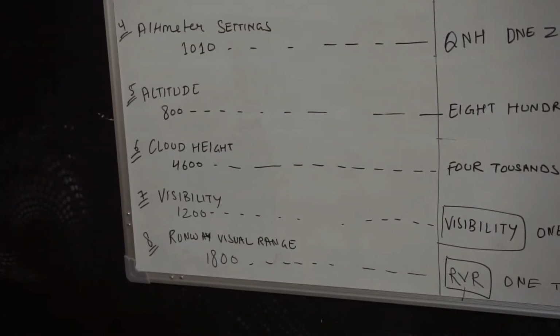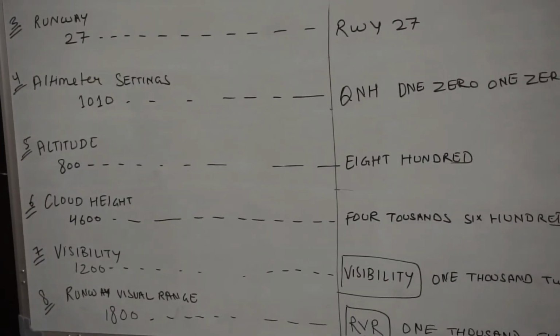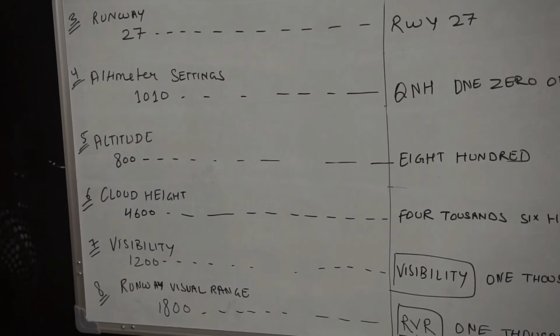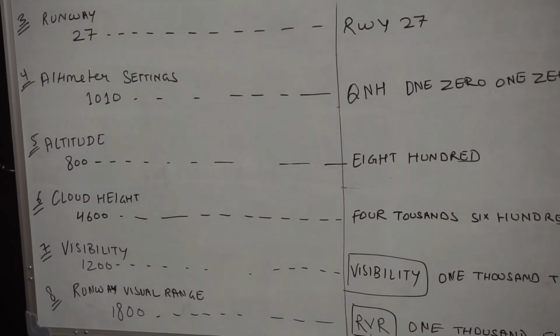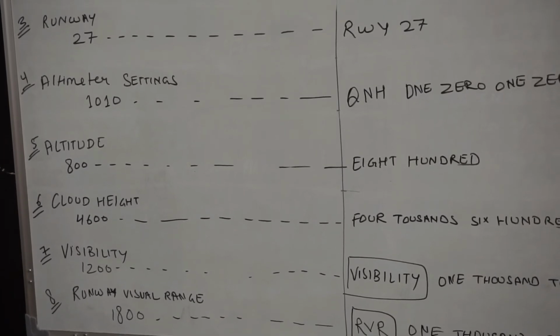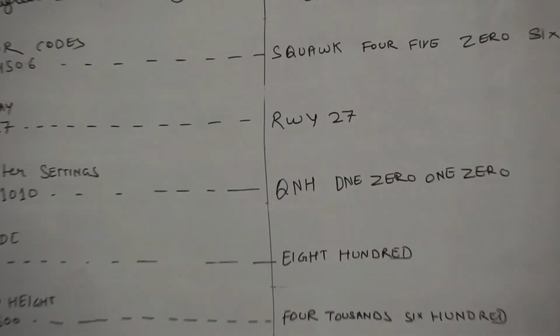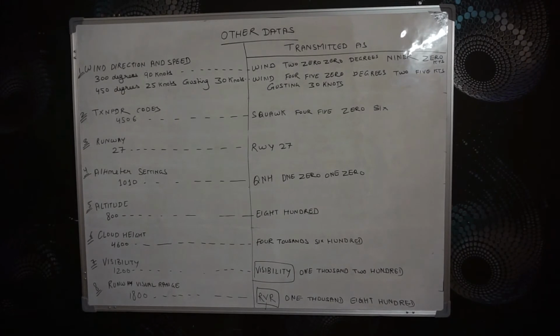In all these cases you can see the last two digits are 00, so we are using hundred and thousand. If the last two or three digits are not 0, then we have to transmit each and every number separately. This is how all the other data are, and I hope this is beneficial, and let's move on to the next point.